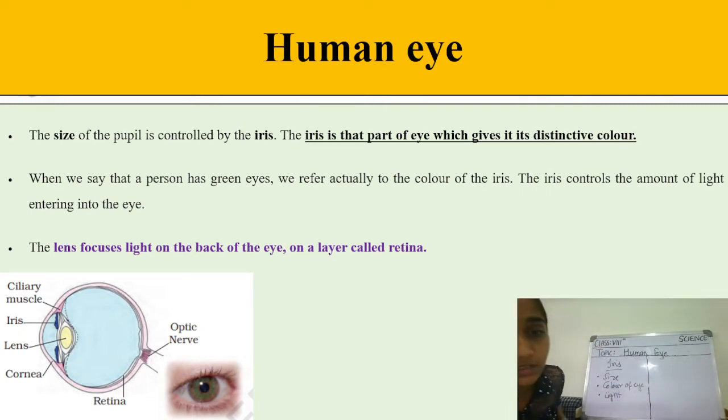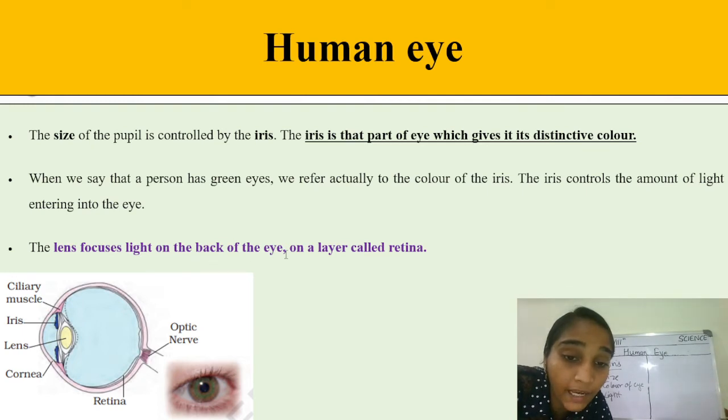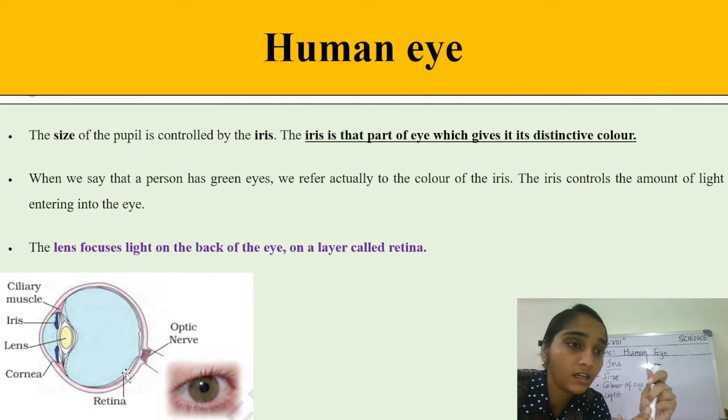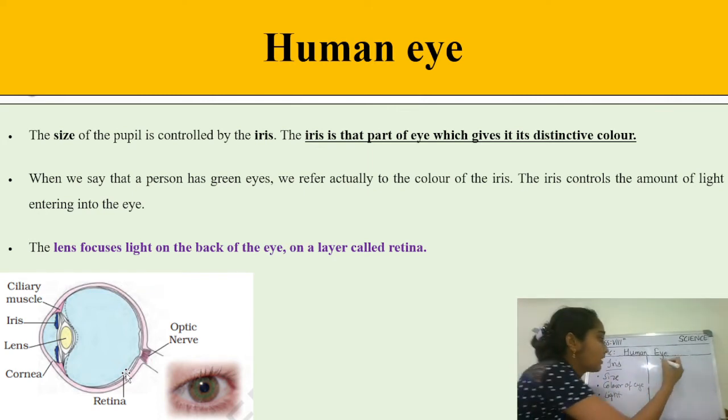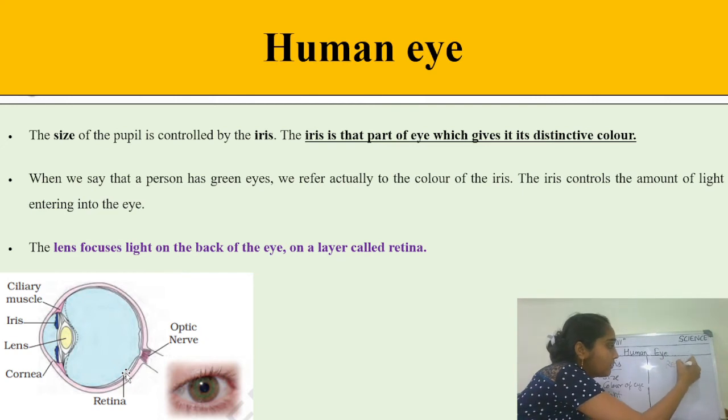And also, students, you can see that the lens focuses light on the back of the eye on a layer called the retina. So here it is, the lens is also there, and it is focusing the light on the back of the eye, which is called the retina. It is forming the image at the retina, so that we are able to see the thing. If I'm seeing this marker, the image of this marker is formed on the retina at the back side of our eyes. So that is the retina at which the image is being formed.